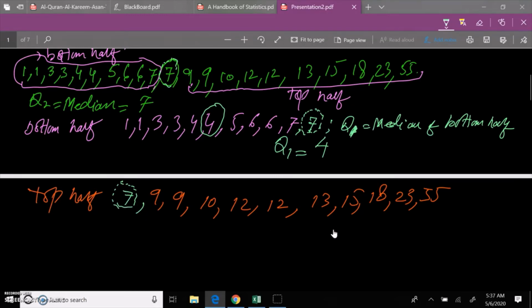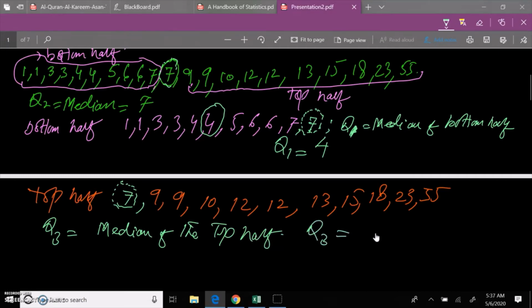Again, these are 11 values, right? 11 plus 1 is 12, 12 divided by 2 is 6. So the 6th value will be the median, and that will be our Q3. So remember, our Q3 will be the median of the top half. So Q3 will be equal to which value?